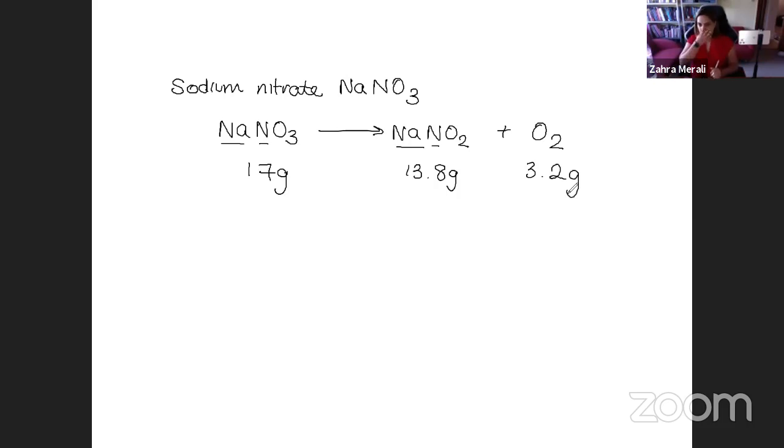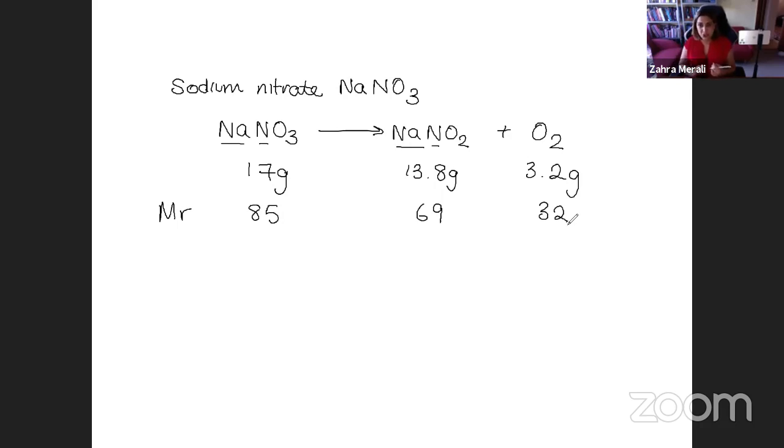So if we had to use this to balance the equation, step one, find the MR, always your step one. MR of sodium nitrate, so Na plus N plus 3 lots of oxygen gives you 85. NaNO2 gives you 69, and oxygen gives you 32. So those are from your periodic table.